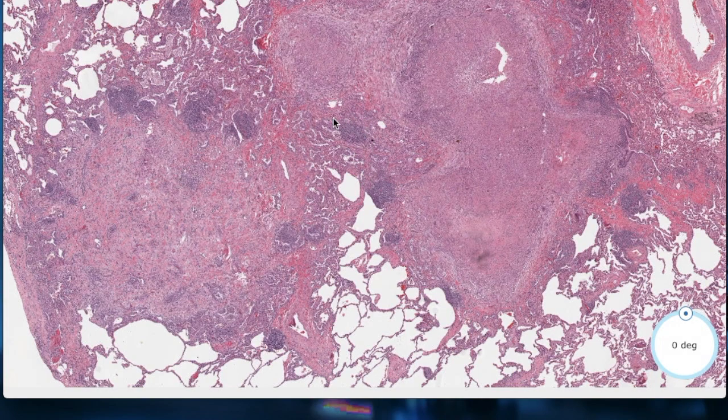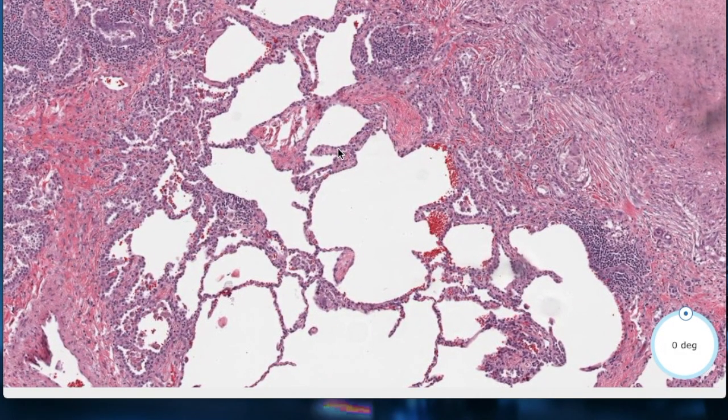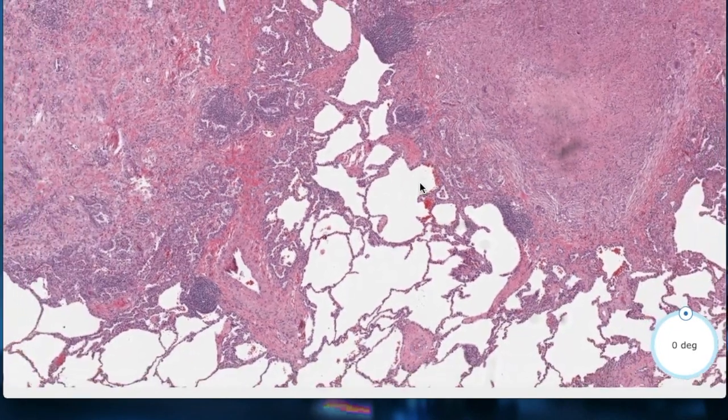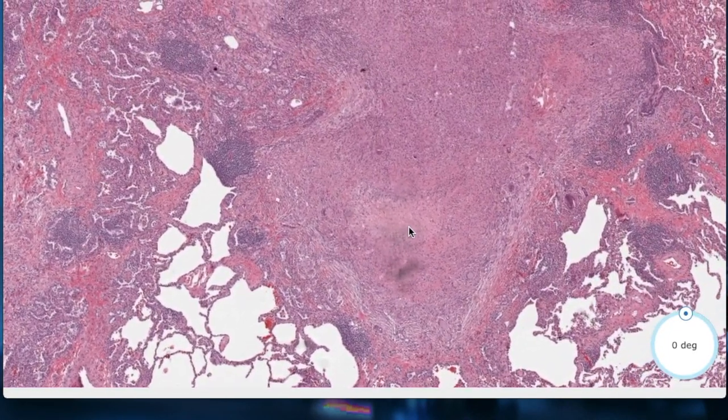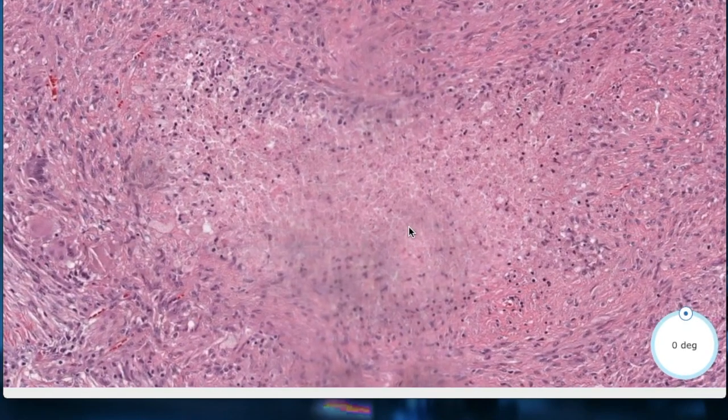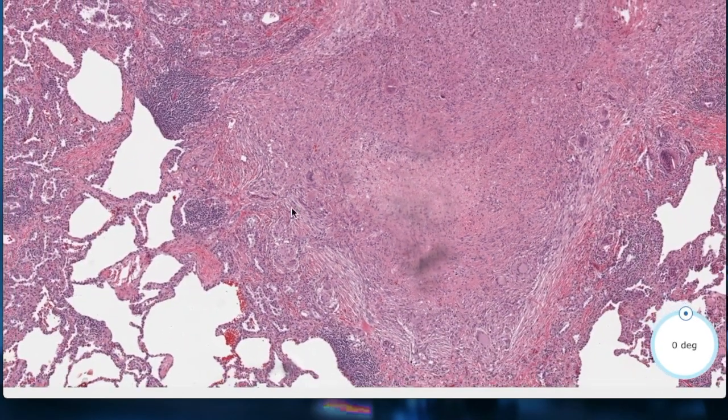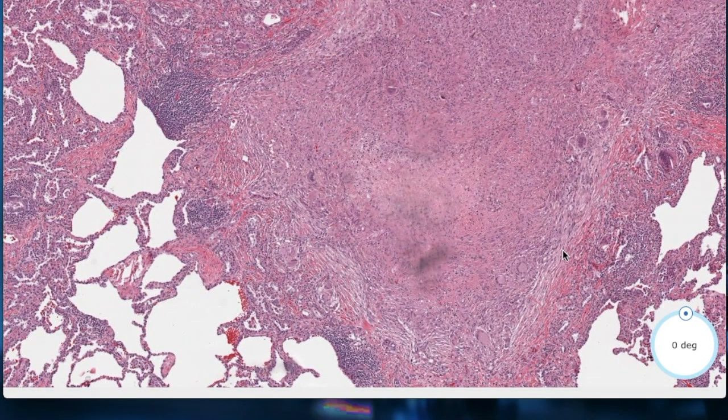So if we go on higher power to try to identify those granulomas, we start seeing a lot of inflammatory cells forming germinal centers or collections of lymphocytes with lots of fat around them and dilated vessels. And if you choose this area and go on high power, you start seeing a lot of central necrosis in this area and granuloma formation.